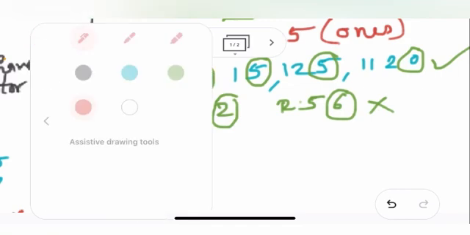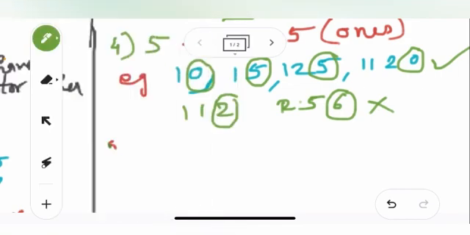Let's see the next number, that is the number 6. Now 6 comes in the table of 2 as well as in the table of 3, that is, 3 2s are 6 and 2 3s are 6. So when we have to know whether a number is divisible by 6, we have to check that the number should be divisible by 2 and also by 3.